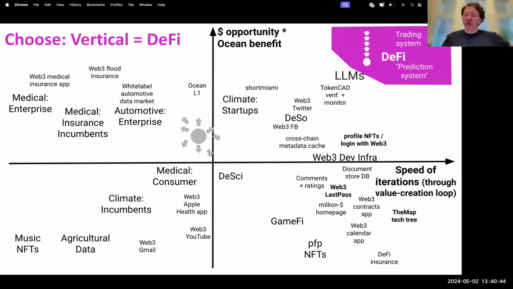We use tools of DeFi like Balancer within Ocean, wallets, all this sort of thing. So we really know the tools of DeFi intimately from our previous work. And in this case, we had different ideas for things there, but a couple that popped out were trading system and prediction system, right? And you'll see that what we've built with Predictor is mostly a prediction system, but it's got some trading elements too. Okay, so we chose a vertical, DeFi.